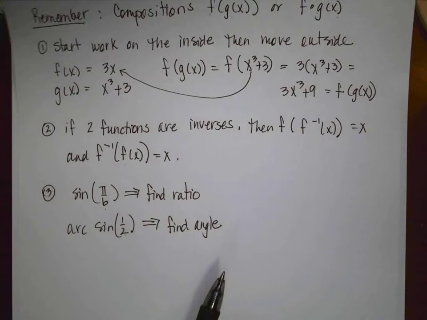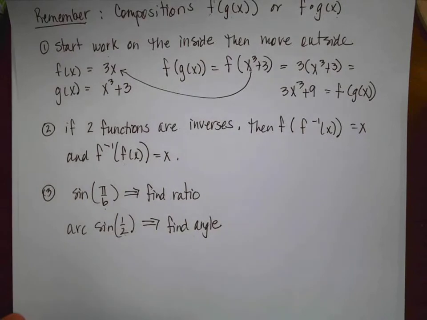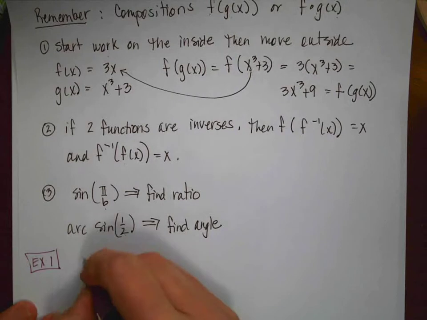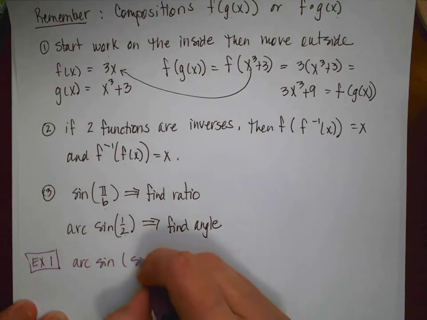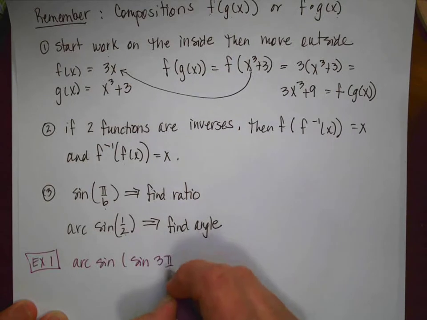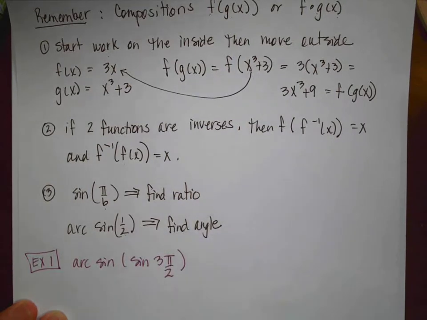So let's just jump in with some examples. Example number 1: I want to do the arc sine of the sine of 3 pi over 2, okay? Again, this is a composition, so I'm going to start on the inside.